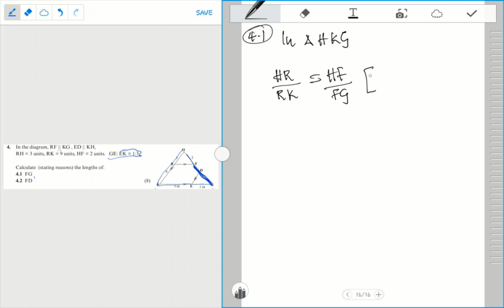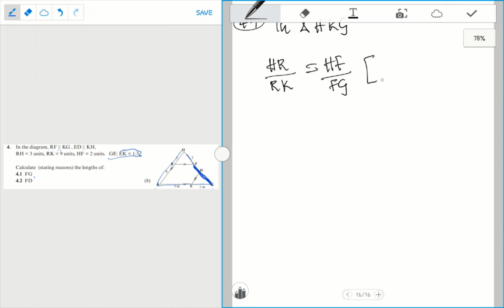Or let me use the other reason, because at first we were saying RF is parallel to KG, and then proportional theorem. That's what we said.